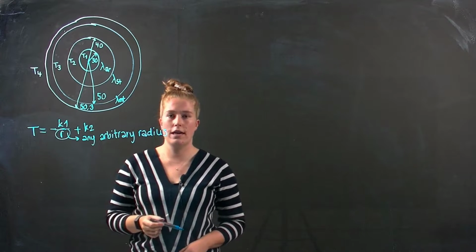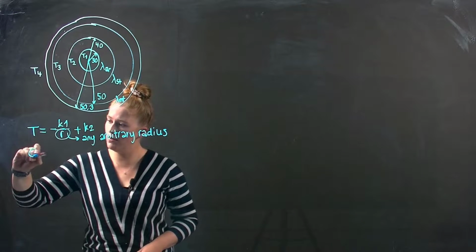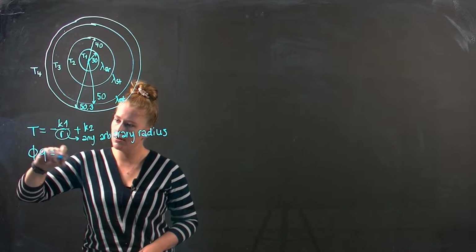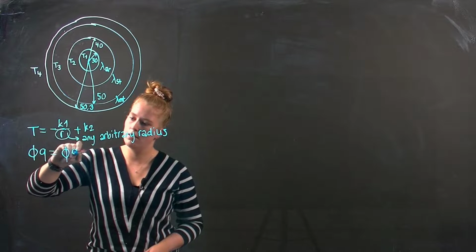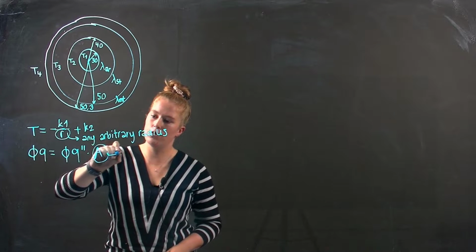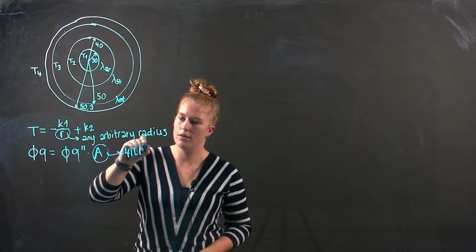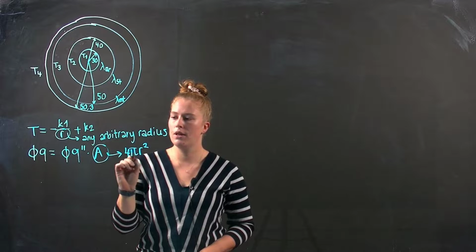So let's first look at this constant K1. We know that for the heat flow, phi q, we can write the heat flux times the area. And for a sphere, this area is equal to 4 pi times the radius squared.